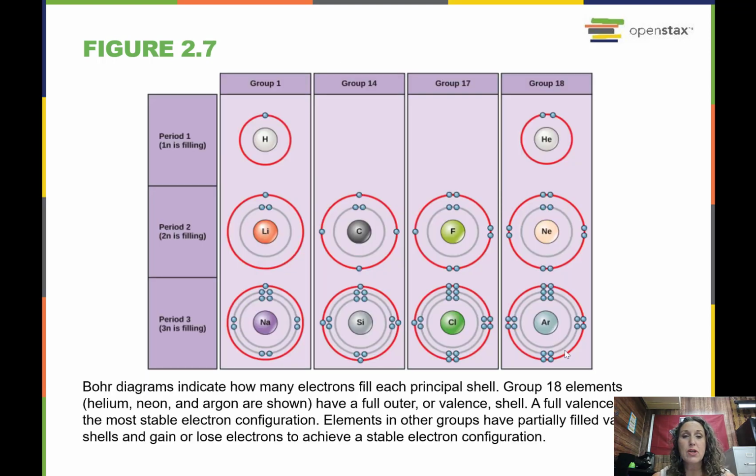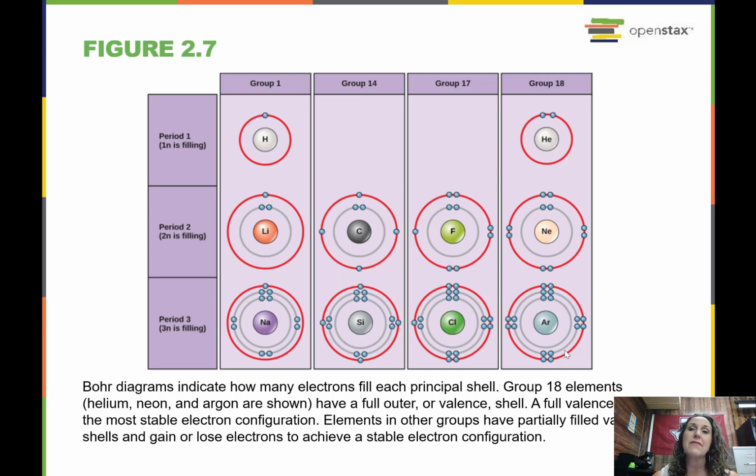So Bohr diagrams are going to help us figure out how many electrons fill the outer shell, okay? So if your outer layer is already full, then that is considered a stable compound, and you are probably not going to bond with another element.